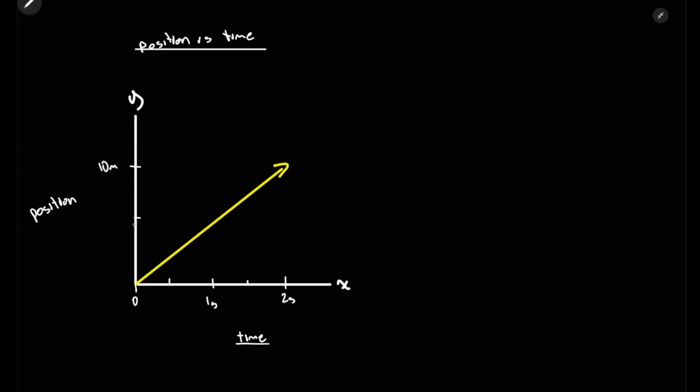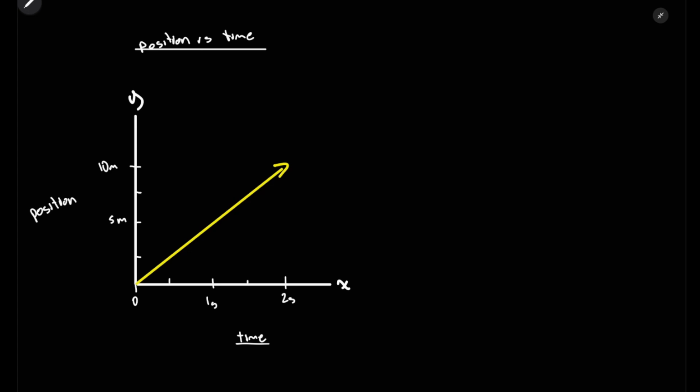This one's going to be 5 meters, and it's going to be half and half. So 2.5 meters, 5 meters, 7.5 meters, 10 meters, and then it's going to be 0.5 seconds, 1 second, 1.5 seconds, then 2 seconds. All right.